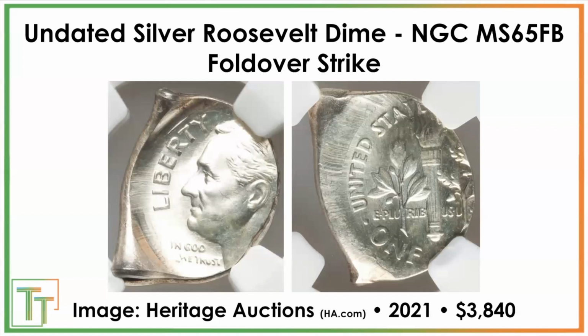So it has much more of a chance to really get those design details to strike up. This is true of other error types too, where with Jefferson nickels you could have nice full steps, these dimes with the full bands, etc.